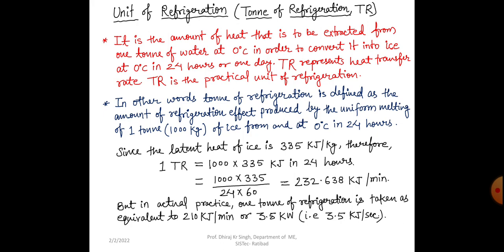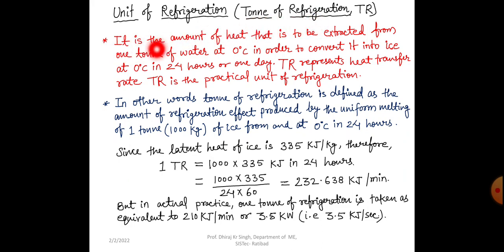Now students, before discussion of air refrigeration cycles and other topics, we have to understand what is the unit of refrigeration. The unit of refrigeration is basically ton of refrigeration and it is denoted as capital T and capital R, that is TR, and we all know 1 ton is equal to 1000 kilogram. So let us understand how this ton of refrigeration can be defined.